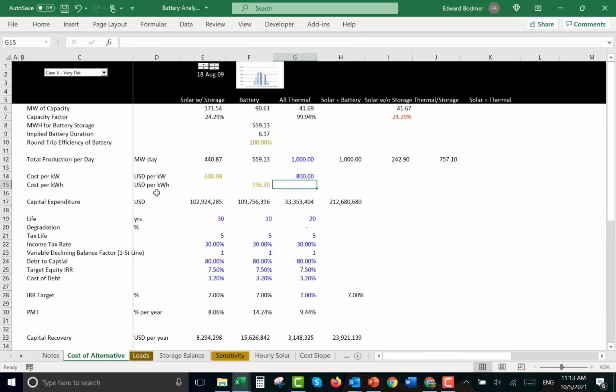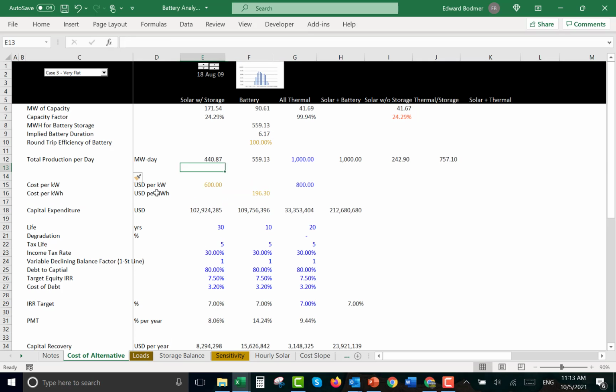Okay. And if this is too boring, I'm really, really sorry. But for the solar, we multiply the cost times the kilowatts. Again, this assumes every single hour is the same. And maybe up here we should have really put total production per year.